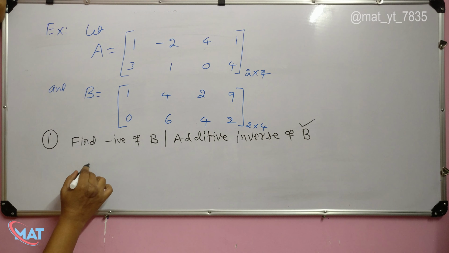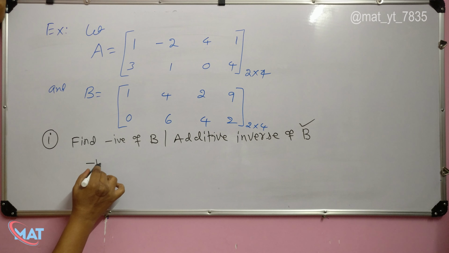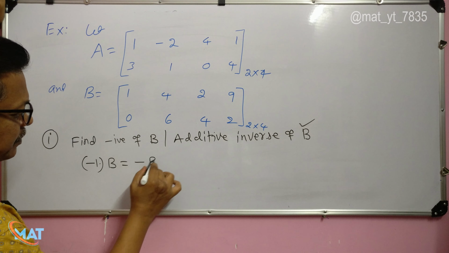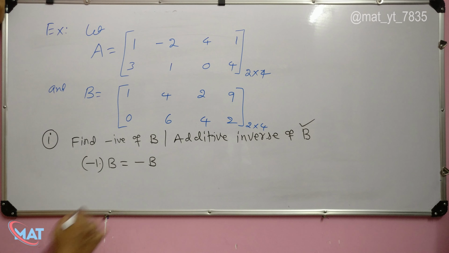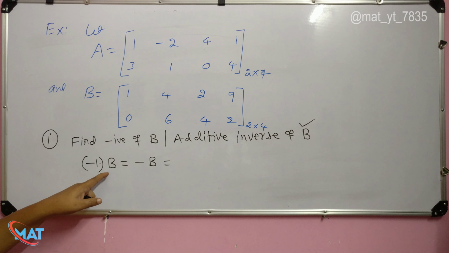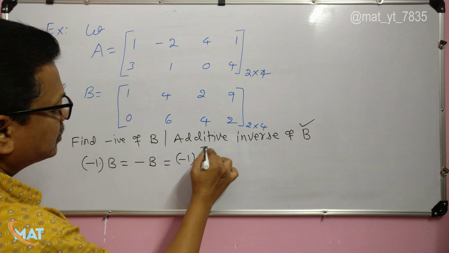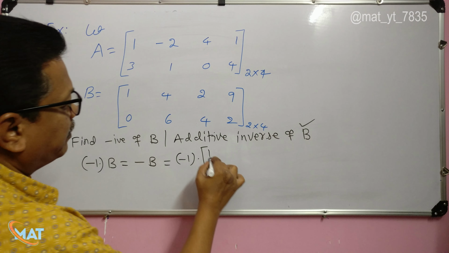How to find this one? It is minus 1 into B, or simply you can write minus B. Both are the same. So what do you get here? You just have to multiply the elements of matrix B with minus 1, the scalar product. I will copy the matrix here.